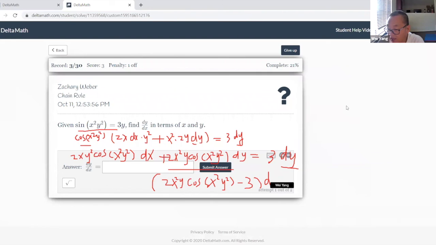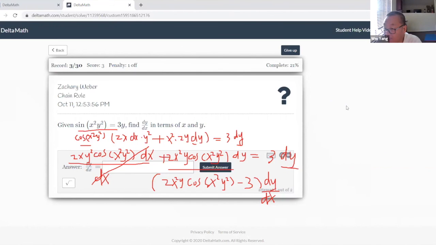This is the left side, but we still have this one on the left side, right? So then you can divide both sides by dx, and this dx cancels with this one. So you got this one plus this one equals 0. To get this one, we need to move this one to the right side.